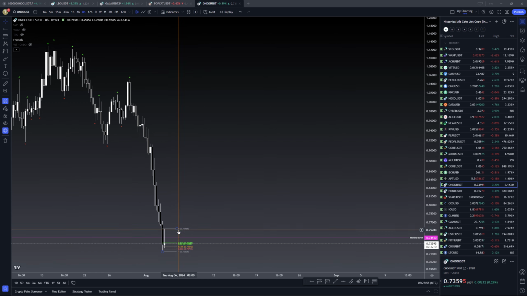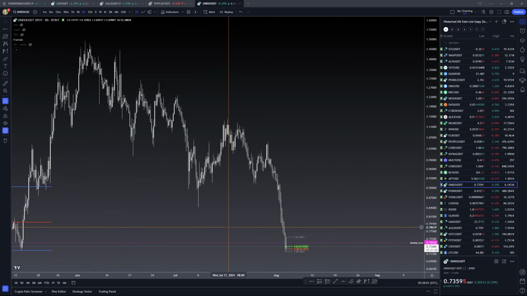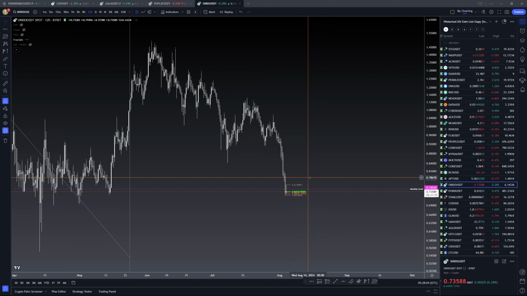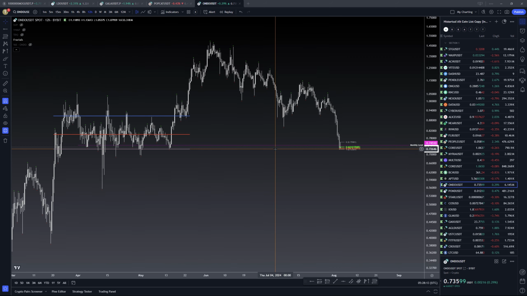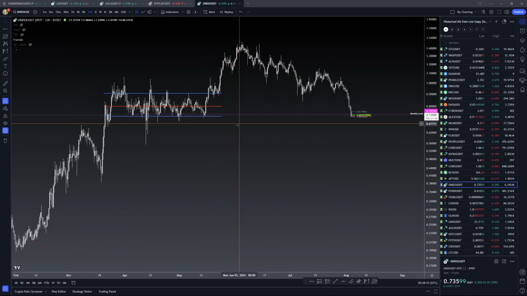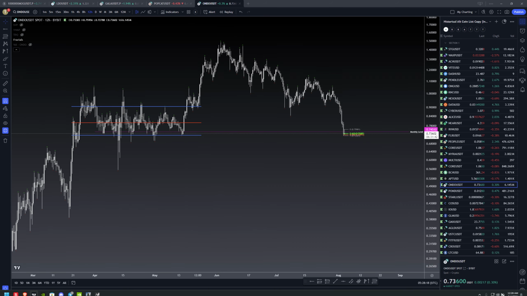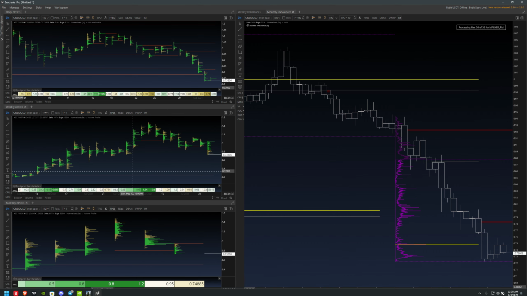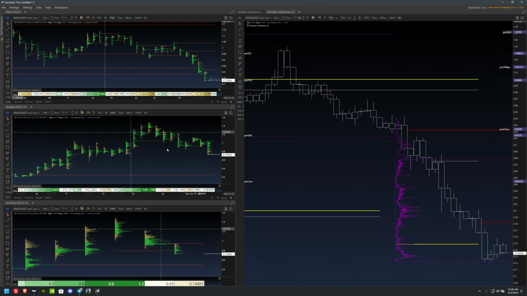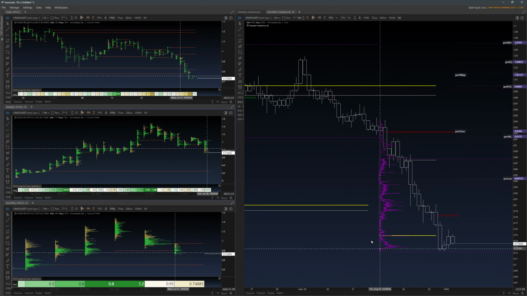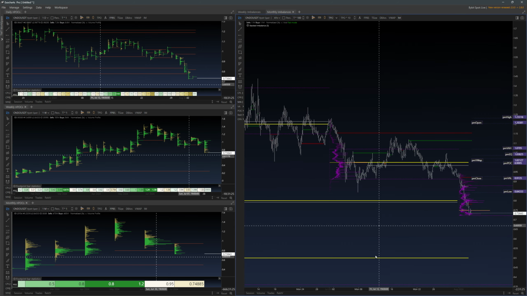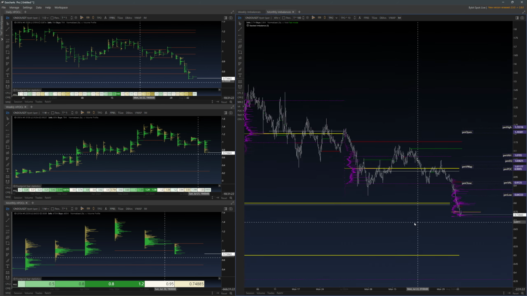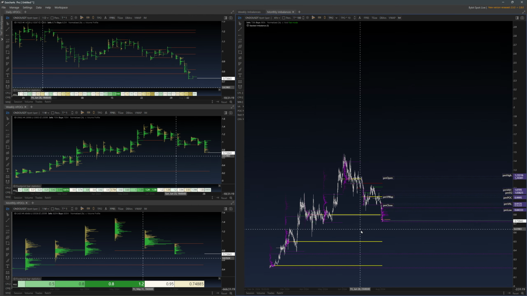That candle is indicating there's lower to come. I really do think so. I think we'll see that. You hate to see it.